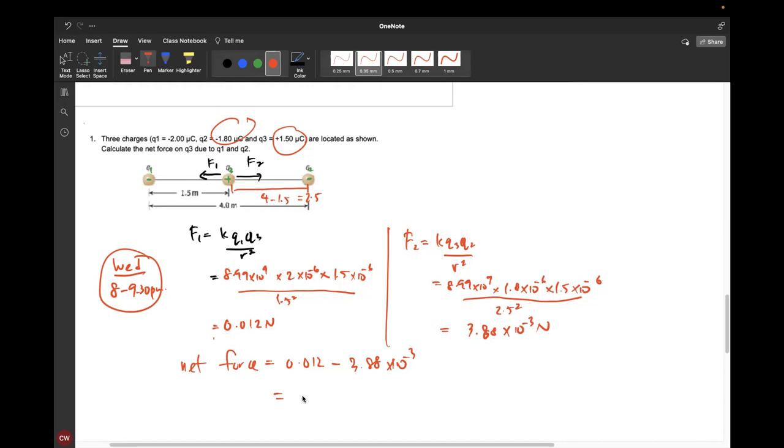So it's going to be 8.12 times 10 to the power of minus 3 Newton. Can you get the same answer? And this one should be towards Q1. Any problem? No?